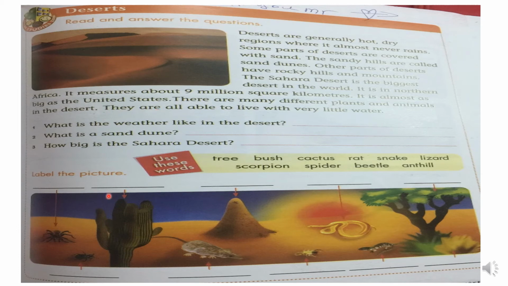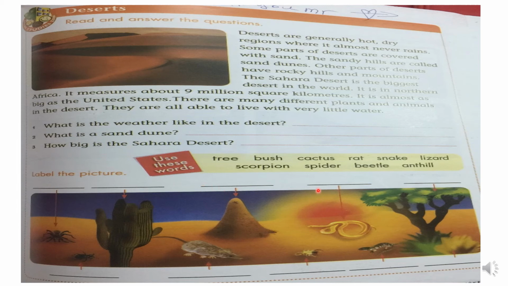Label the pictures. Use these words. We have tree, bush, cactus, rat, snake, lizard, scorpion, spider, beetle, ant hill. So what's this? Yes, spider. Here, cactus. This hill, ant hill.